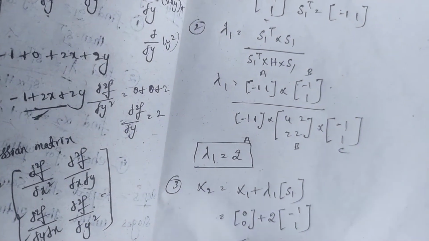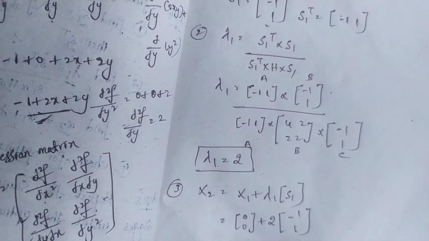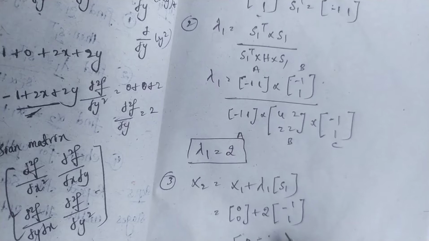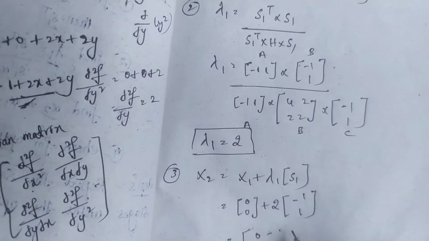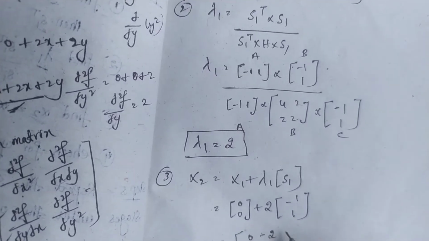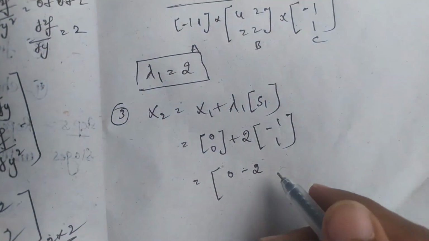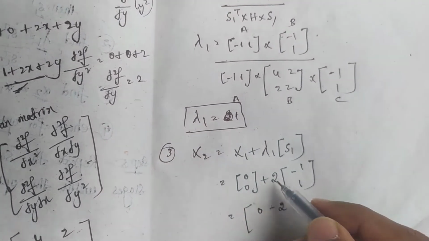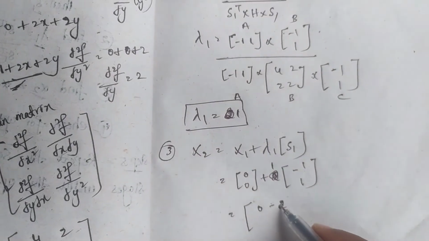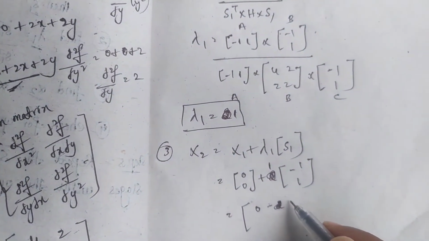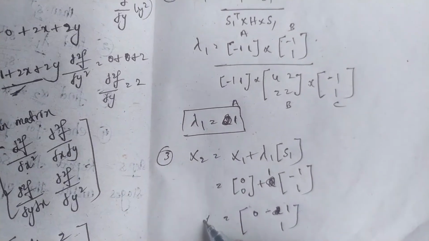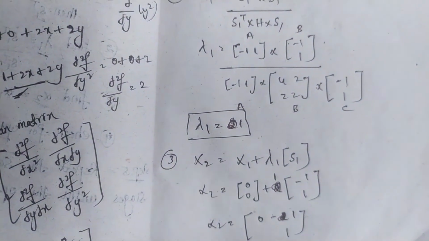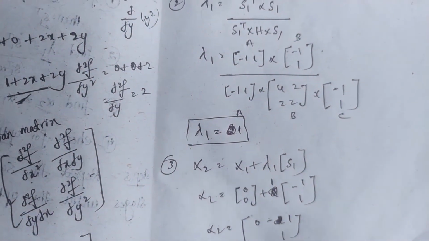We get 0 minus 2, and here lambda 1 value is 1, and here also lambda 1, we get the value minus 1. That is x2 value, we get minus 1 and 1.